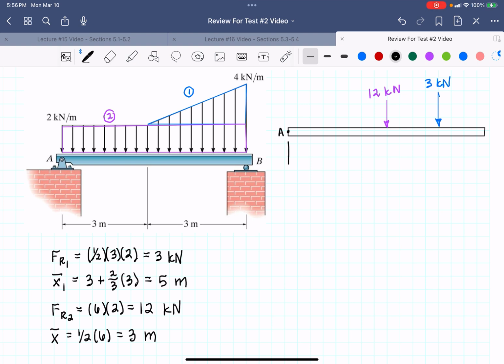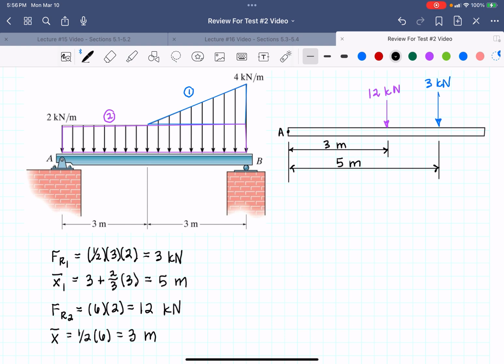So if I take my measurements now, so that this can be the free body diagram for my analysis, I'm going to have 2 different lengths. I'm going to have one up to the 12 kilonewtons, which I calculated is 3 meters, and one to the 3 kilonewtons, which is going to be 5 meters.